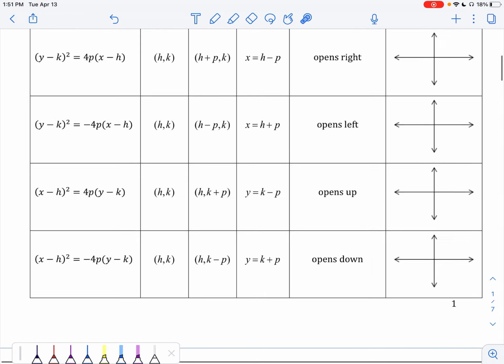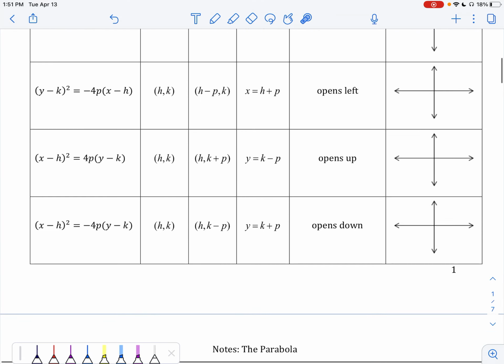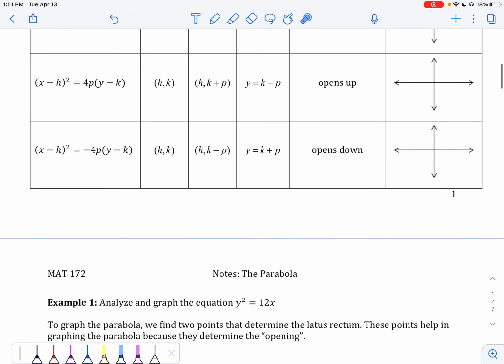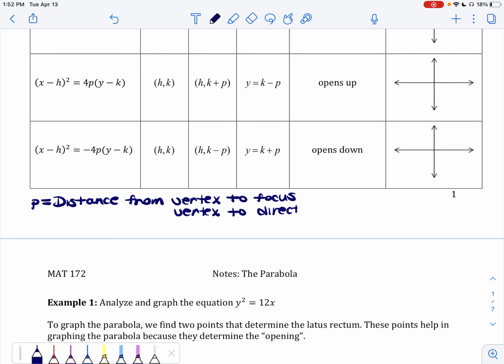Now, what that p-value tells you is the distance from the vertex to the focus, or equivalently the distance from the vertex down to the directrix line. So p is the distance from the vertex to the focus, or the vertex to the directrix line.